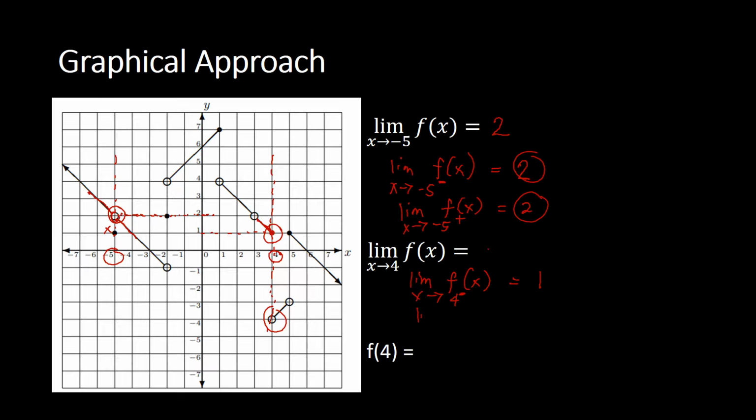Next, we have the limit of your function as x approaches 4 coming from the right side. We are to check the right side graph or the right side values of our x. So we try to trace. This is our 4 here. So automatically this part of the graph is the one that we're checking.